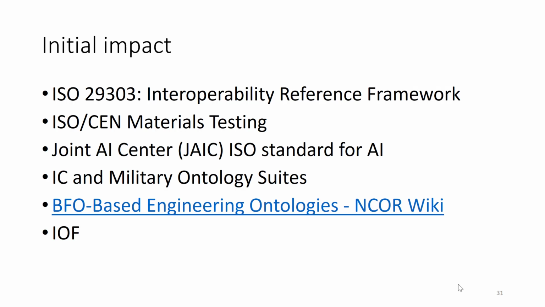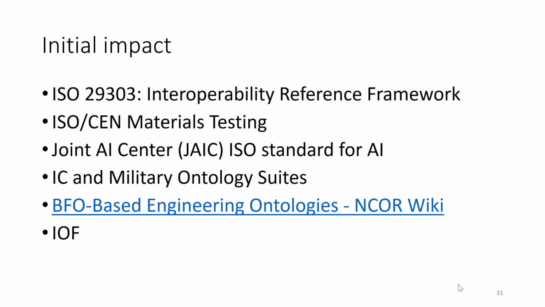There will soon be a new, now I'm not sure whether it will be a new standard or a new revision of an ISO CEN standard for materials testing, which I think will be a materials testing ontology. I'm not exactly sure. I will know in 2 weeks what that will be, because they are taking 2 days out of my life in order to rebuild or recreate their materials testing standard.